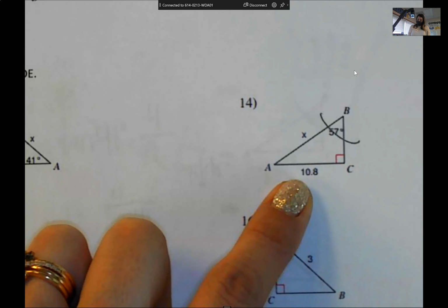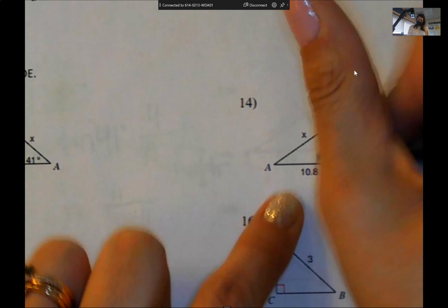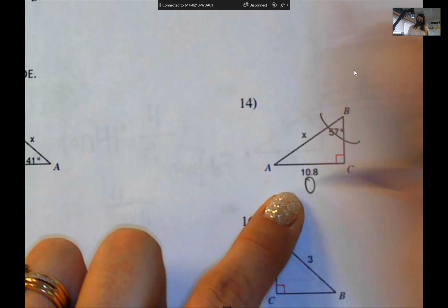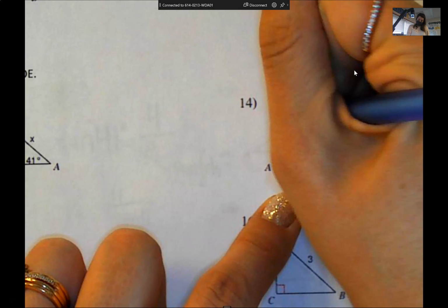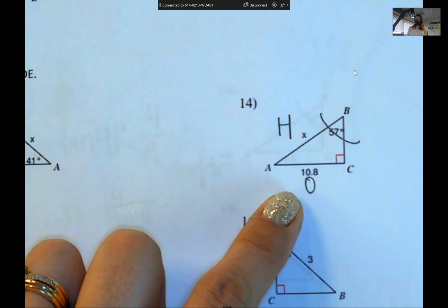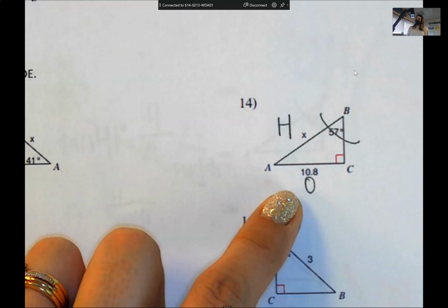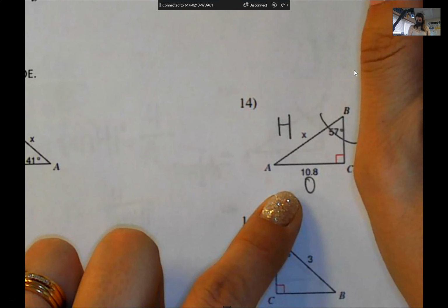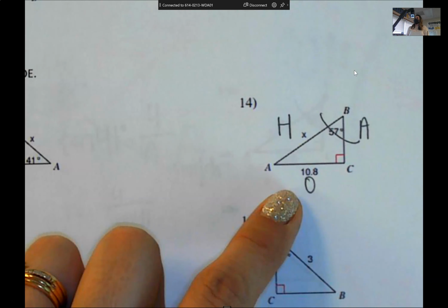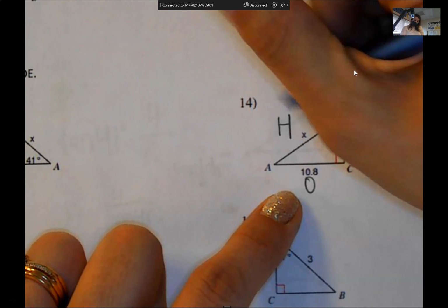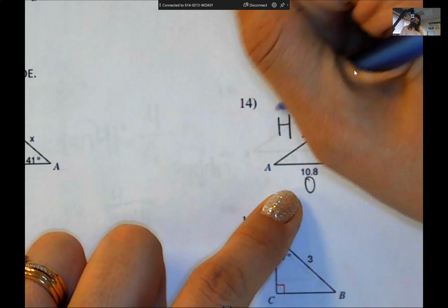So that means that 10.8 is my opposite. X, which is what they want me to find, is my hypotenuse. And the height is A.